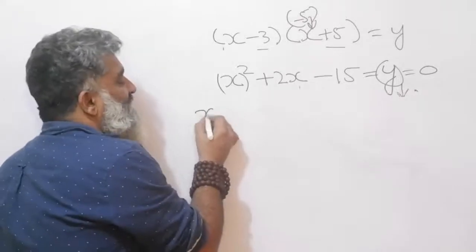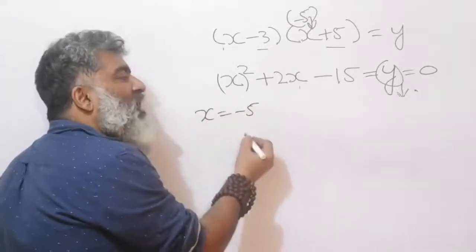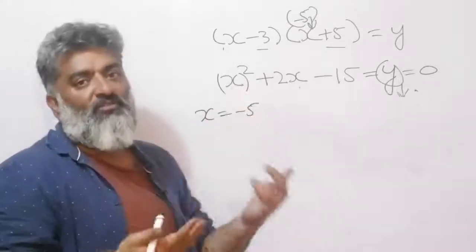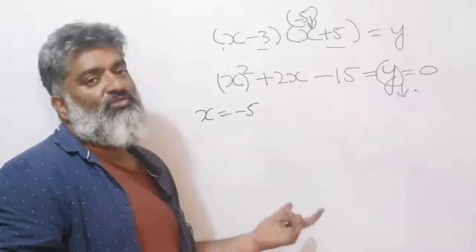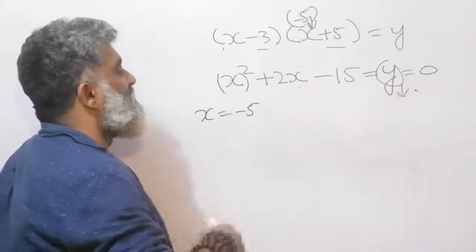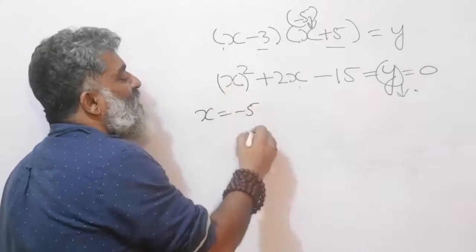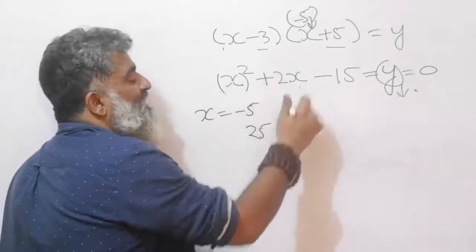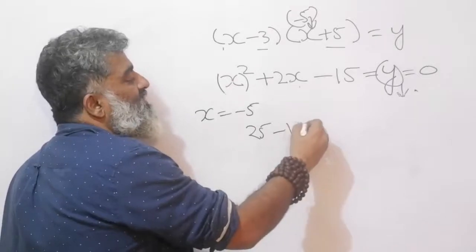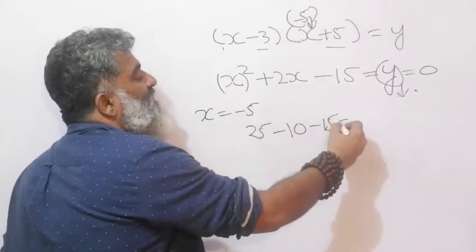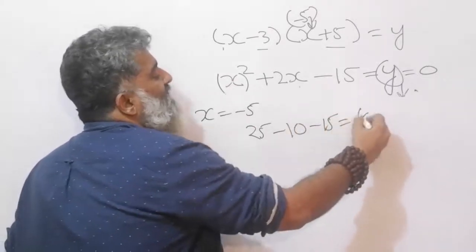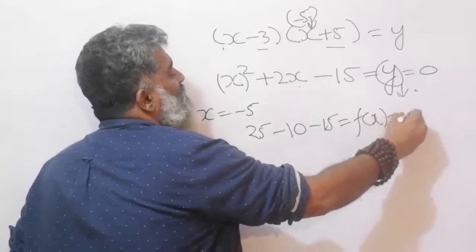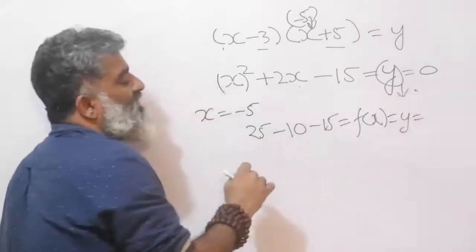So let's again check it out, and it is also a practice of input output. If you're a beginner level guy, you need to know this in your system, right? So -5 square 25, but a +2 into a -5 will give me a -10, and then a constant -15, and this is equal to, let's start writing f(x) is equal to y equal to, let's calculate the value.